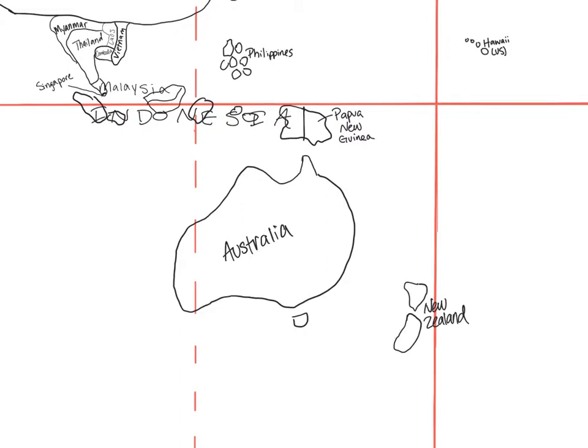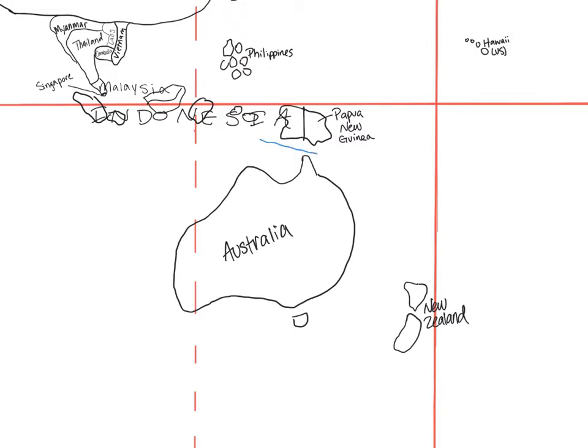So there's 3 groups of island chains that we're gonna kind of work with right here. And so the first one we're gonna do is this group of islands known as Melanesia. Melanesia is going to kind of cut in between the island of Papua New Guinea and Australia.